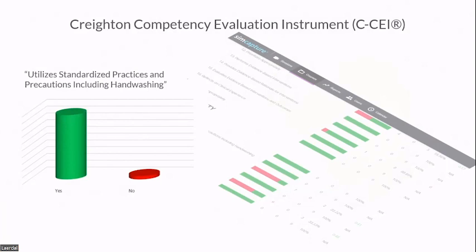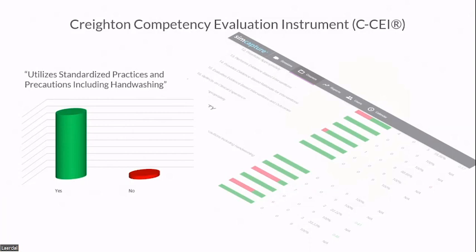Yeah, so this is using the Creighton Competency Evaluation Instrument, which is a validated tool. If you look at the graphic on the right, it evaluates up to 23 separate items. You can see there's lots of green there, which is good.